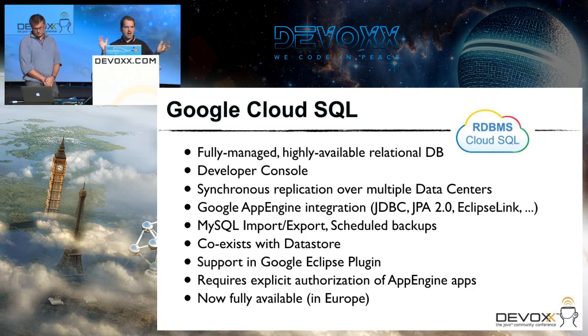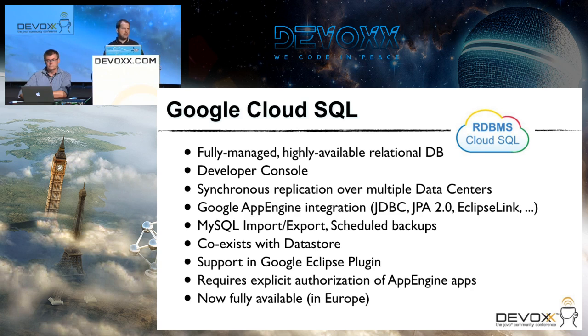You just choose the size of the database and the power of the CPU, and that's about it. And what you get is a fully managed environment that is highly available. So we've made MySQL highly available across multiple data centers, so we provide the same level of service that we do for the data store. And that opens a whole lot of possibilities.